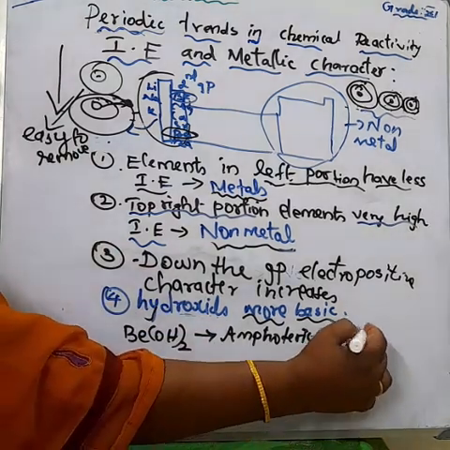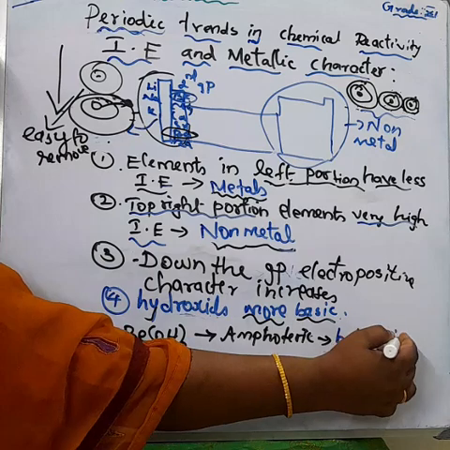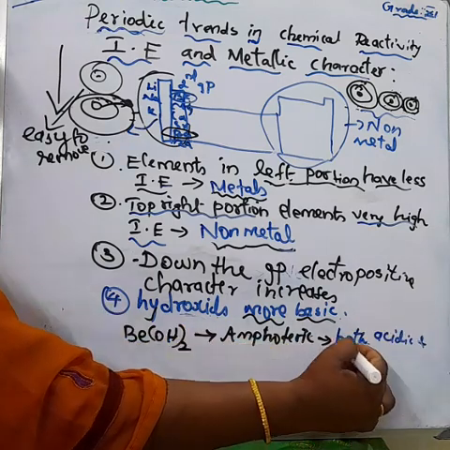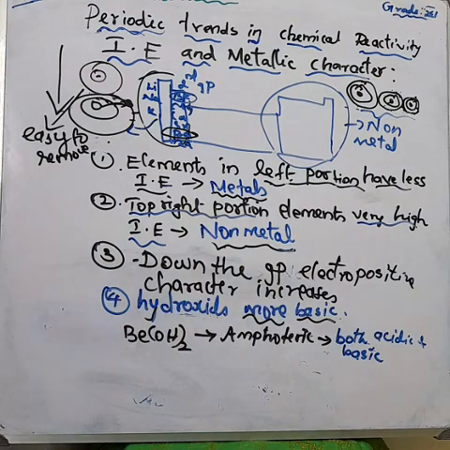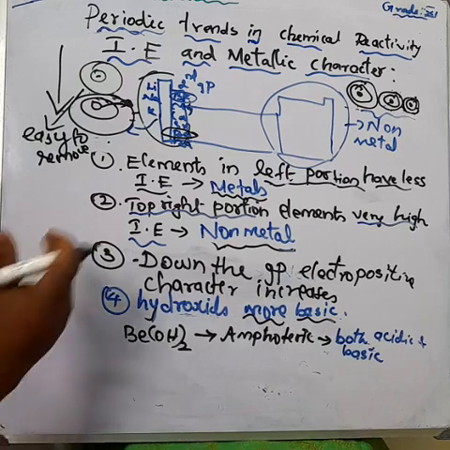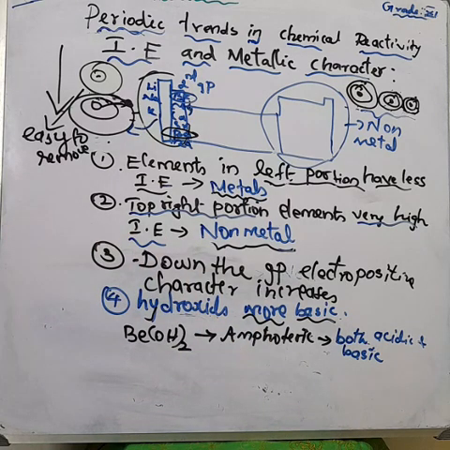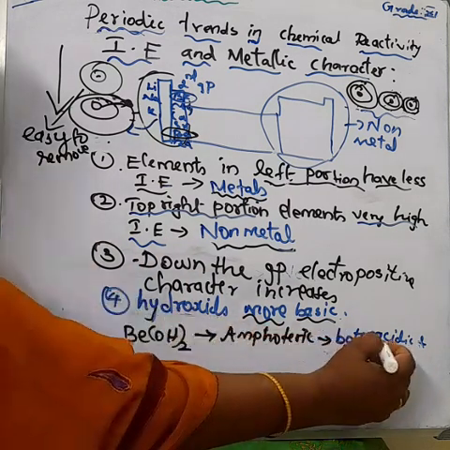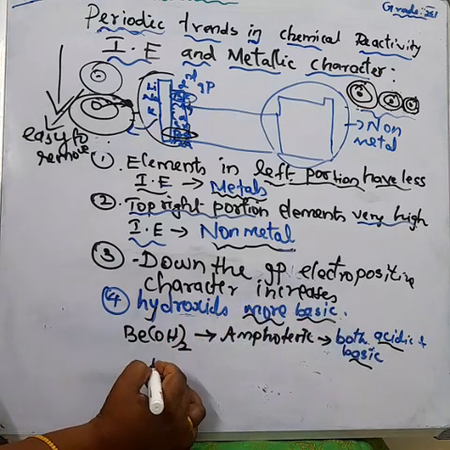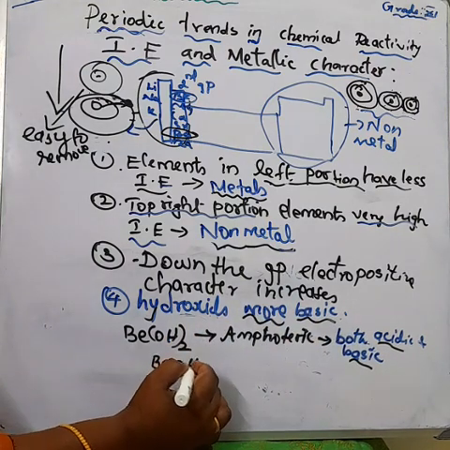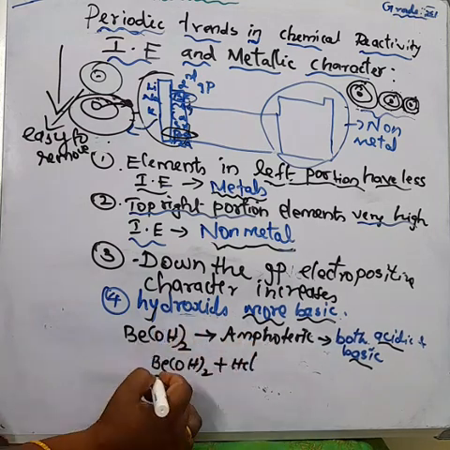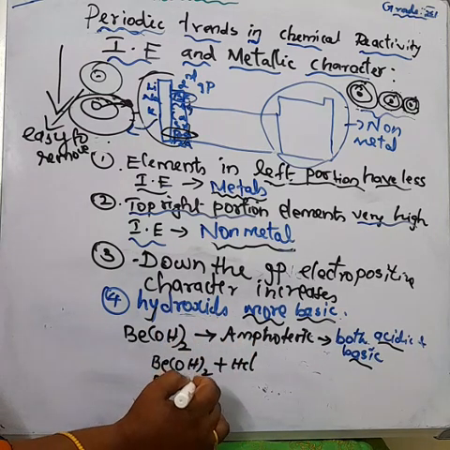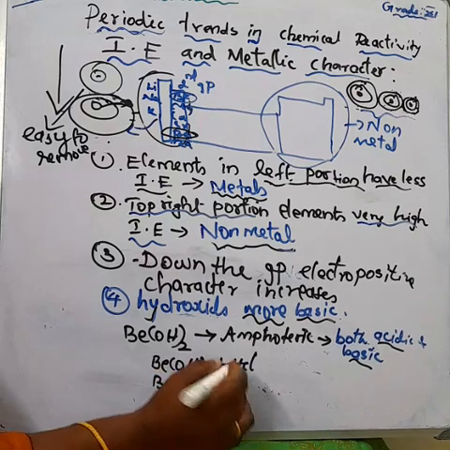When beryllium hydroxide reacts with acid, as well as with base, it is amphoteric in nature.